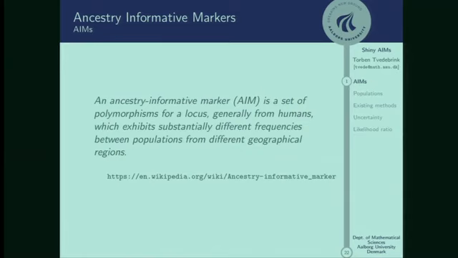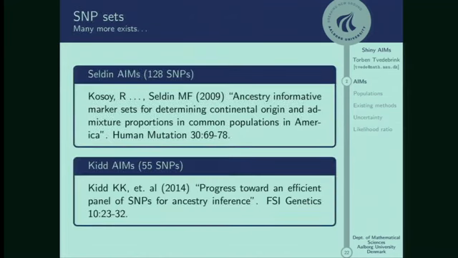Right, good. So there are many different panels or sets for these AIMs, and in principle they're just SNP markers, so single nucleotide polymorphisms, and the ones that I've been forced to work with are what my collaborators refer to as Seldin AIMs and then KIDD AIMs.